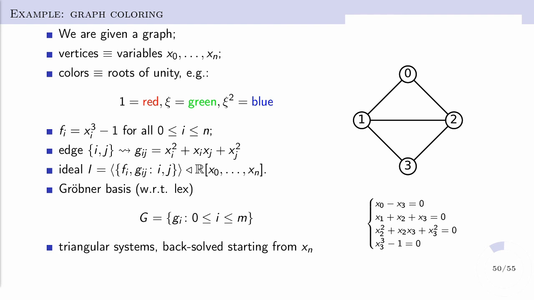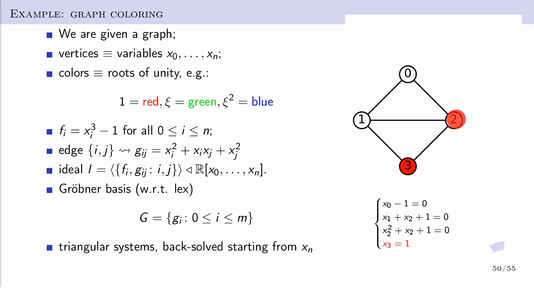So we have x3 equal 1. If we substitute 1 for x3 here, we have these 3 equations. This equation has just 2 solutions, xi and xi square. So we just select any one. In other words, we can assign to this vertex either green or blue, but we cannot assign red.